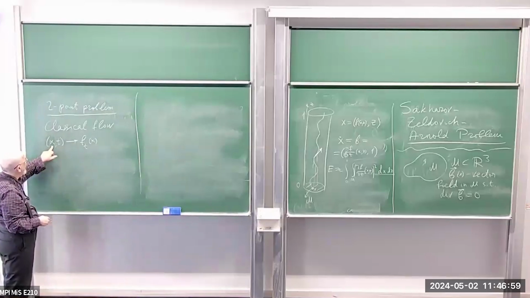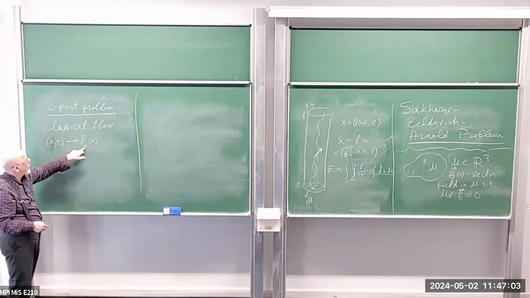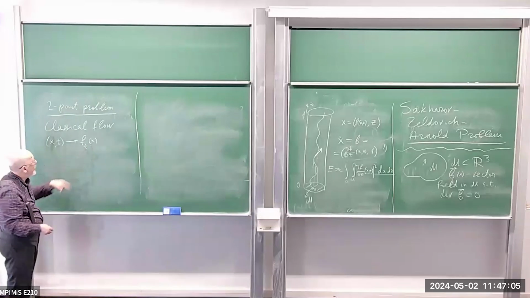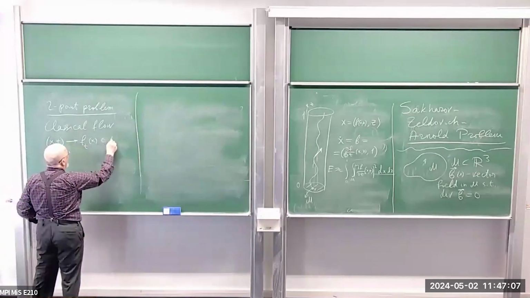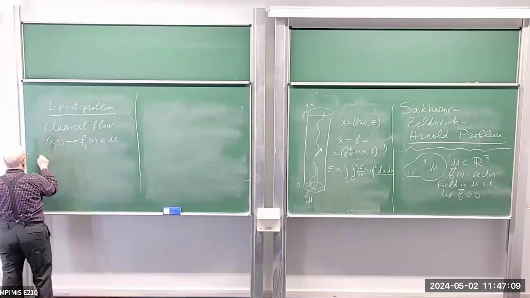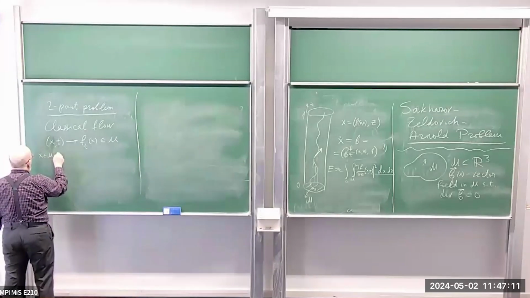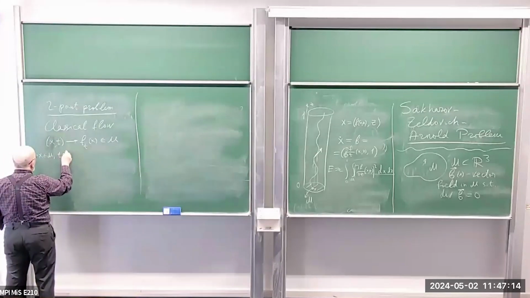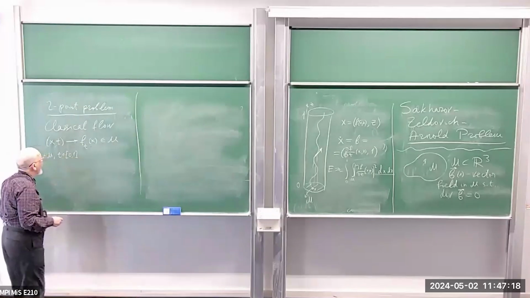For any x in M and time t, we have f_t of x in M, with t always in [0, 1].